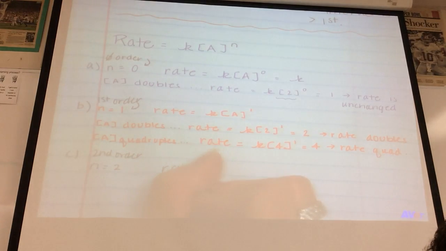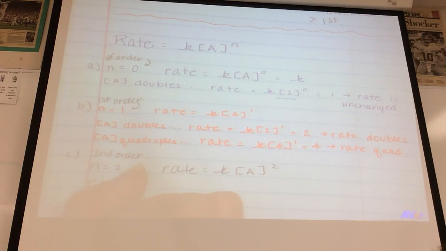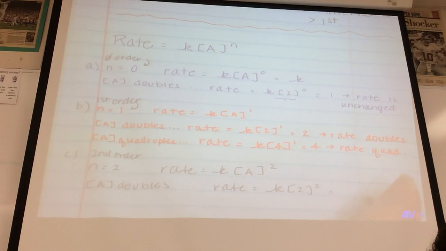So rate is equal to k A squared. If you double the concentration of A, what's 2 squared? 4. So the rate quadruples.